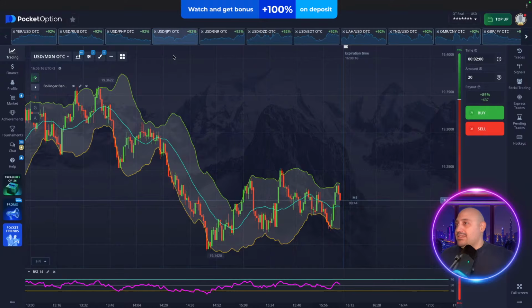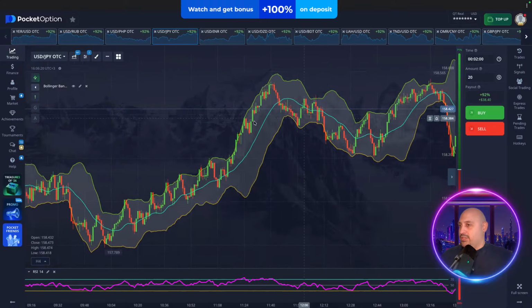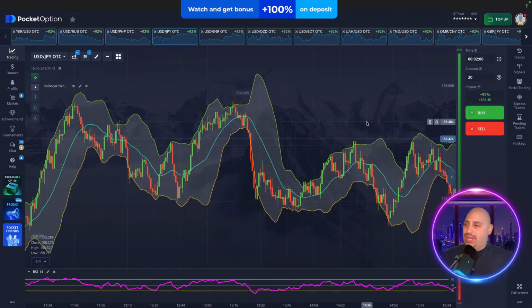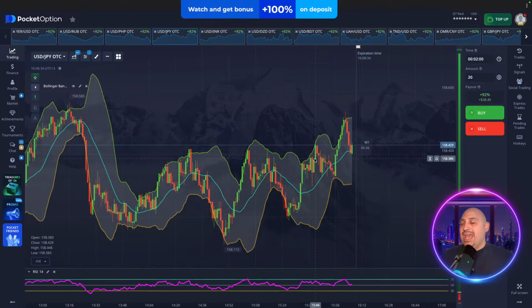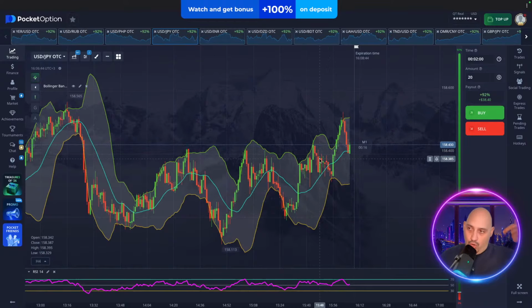So let's look at some of these currency pairs. All right, like I said, it's better to trade when the market is ranging, because we can see the price action respect those bands, the upper band, the lower band. Once we see those bands being pierced, that's a signal that it could be a time for a reversal.